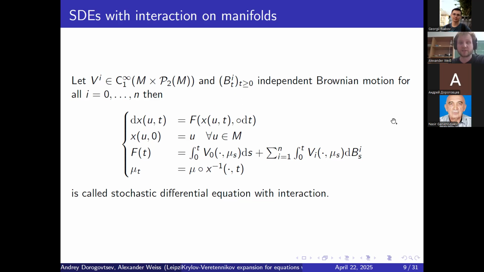And let's look at independent Brownian motions. Then a solution to the system of differential equations is denoted as follows: dX_t^u is equal to integration with respect to the semimartingale in Kunita style. But here we have the Stratonovich integral.